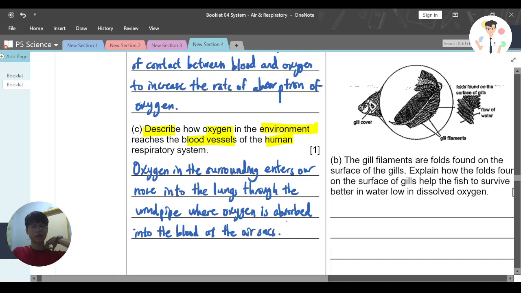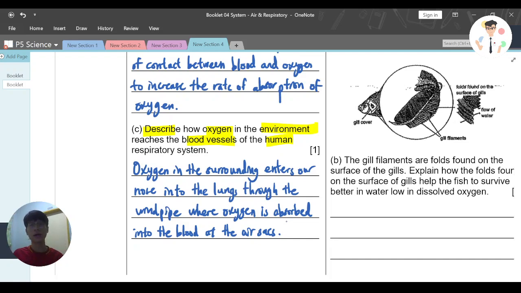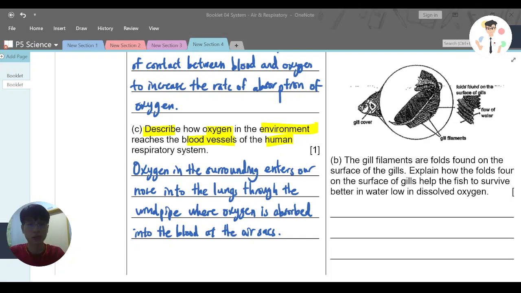So that's basically how this works. Enter here, go into the windpipe, go into our lung. At the tiny air sacs, this is where oxygen goes into the blood. So that's basically how this question works.